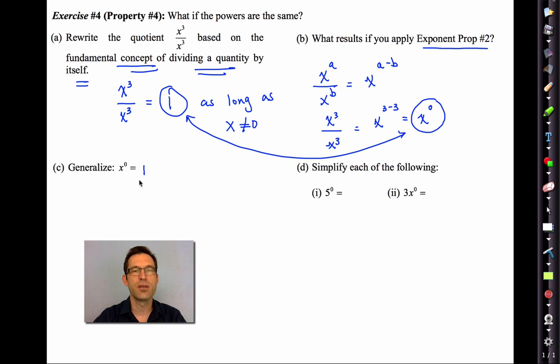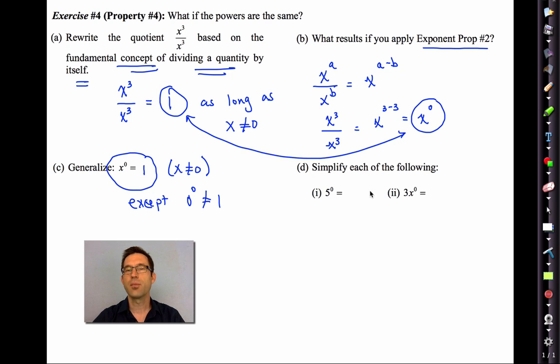Any quantity to the 0 is equal to 1, except 0 to the 0. That doesn't equal 1. But anything else, so x to the 0 equals 1 as long as x doesn't equal 0. Very important property. 5 to the 0, 10 to the 0, x to the 0, y to the 0, they're all equal to 1. Simplify the following. Well, 5 to the 0, that's 1.